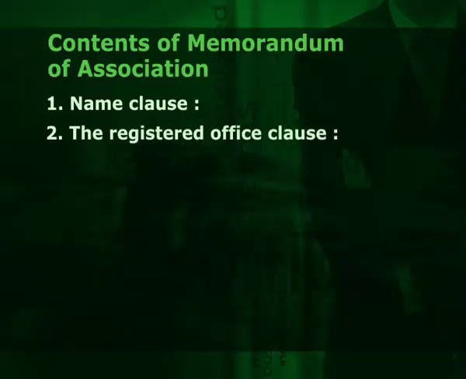A company, to establish its identity, must have a name, but no company should be registered by a name which in the opinion of the Central Government is undesirable, or is identical with or nearly resembles the name of an existing company under Section 20. Every public company must use the word limited after its name, and every private company must use private limited after its name.